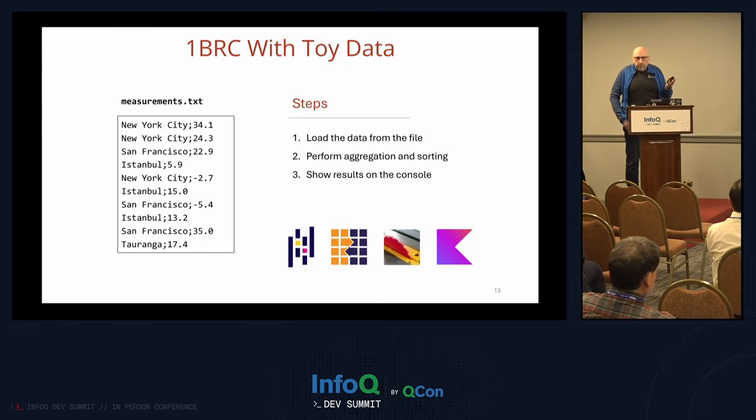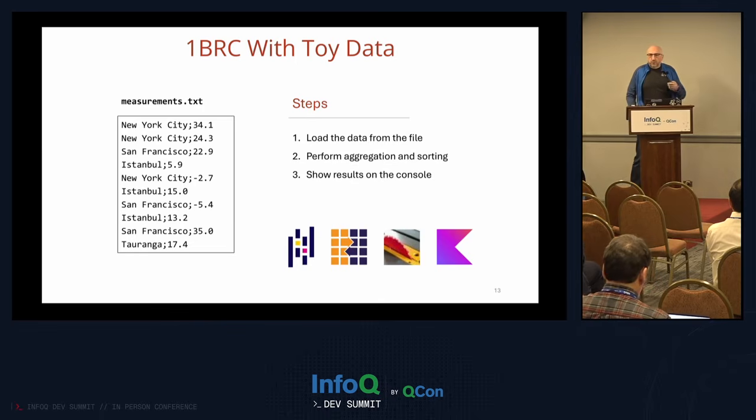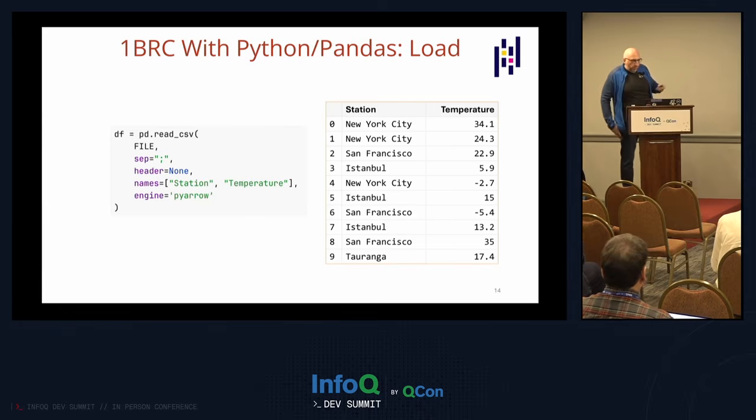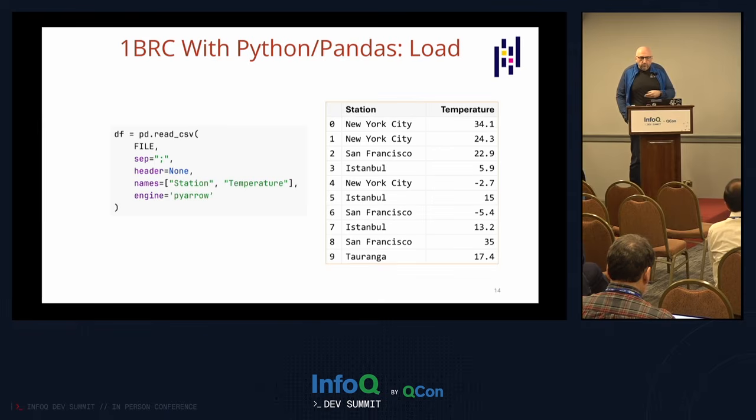We break this into 3 steps: load data, perform aggregation and sorting, and then print results on the console. At the end we'll look at performance and memory usage comparison between all these frameworks. Starting with Python Pandas, the code here is pretty straightforward.